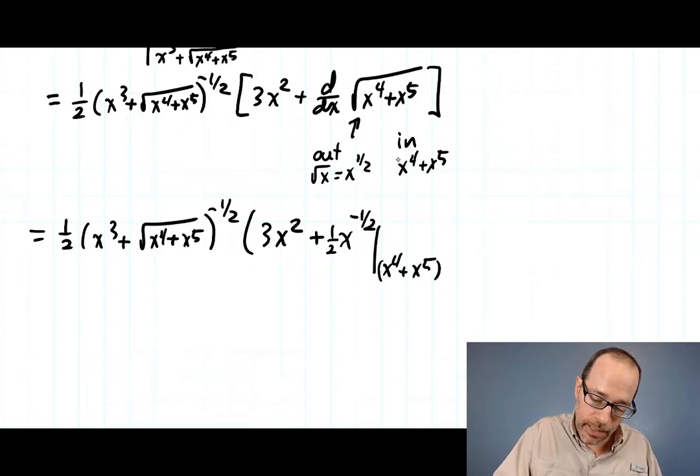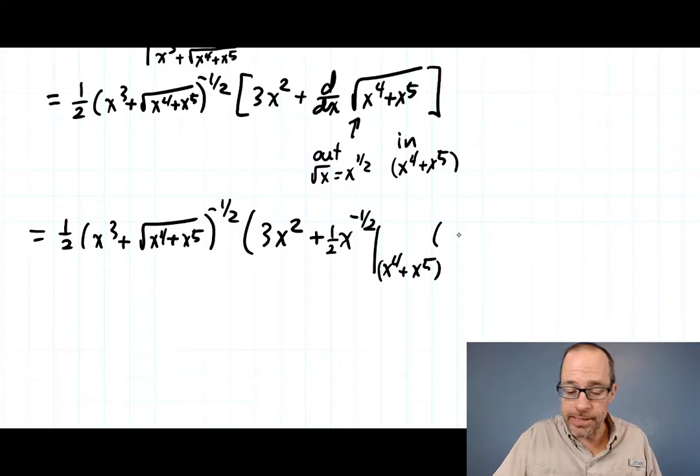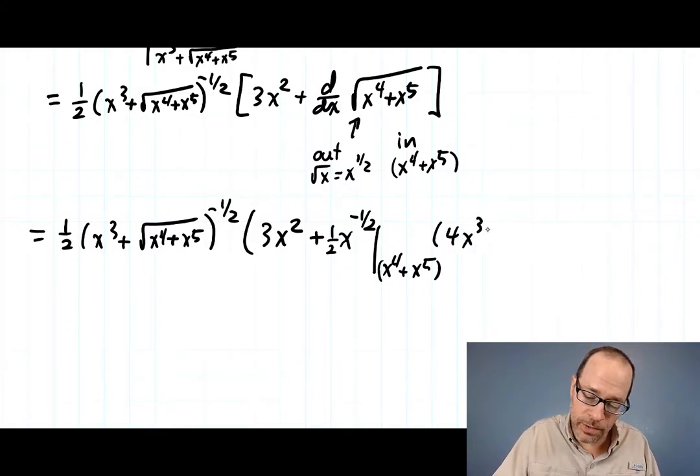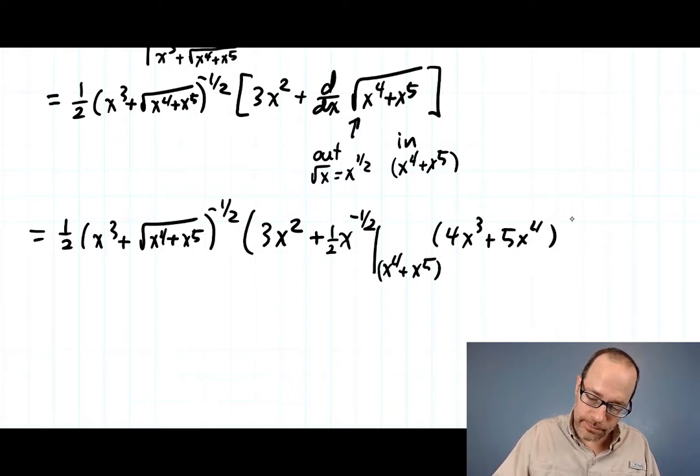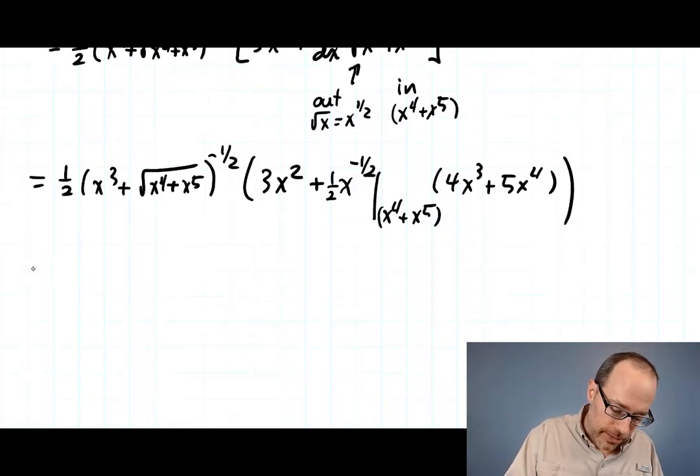And then I multiply by the derivative of the inside. And this I can just write down directly because I know those rules. So it's 4x cubed plus 5x to the fourth. Close my big parentheses. And now we do the plugging in.